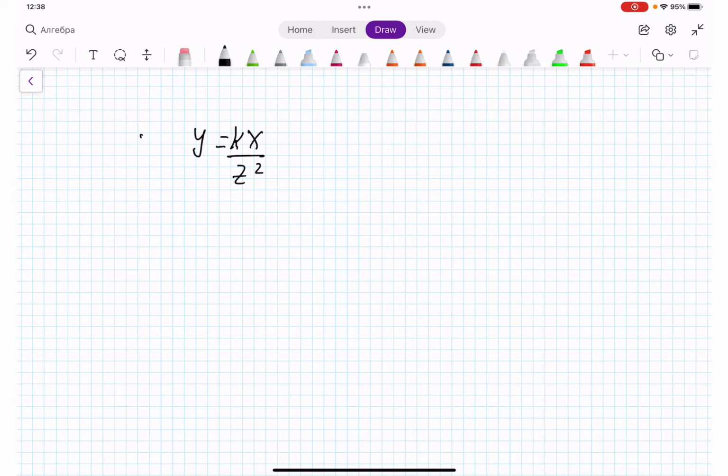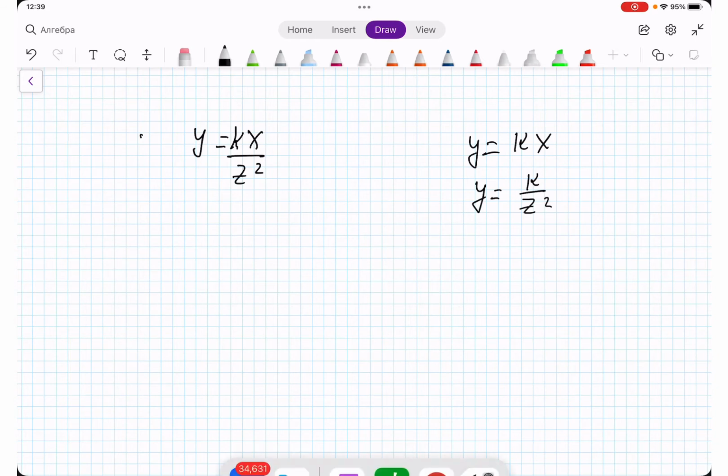If it said only directly as x, we would have y is equal to kx. If it said only inversely to z squared, we would write y is equal to k by z squared. But it says varies directly as x and inversely as z squared.